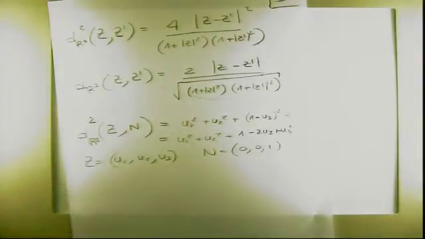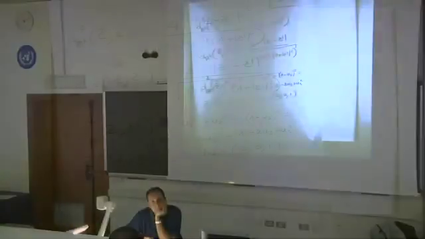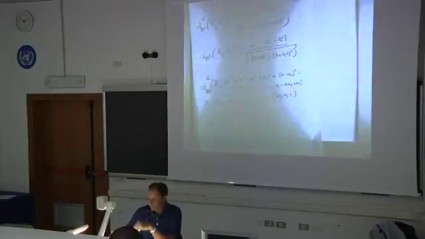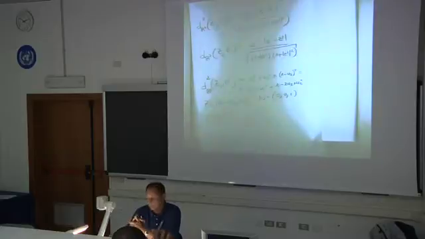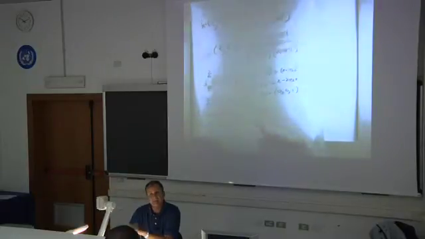Yes, please. Z is in sphere S2. What is the modulus of Z? The modulus of Z is equal to 1. That's what I assumed from the very beginning. The distance is in the sense of Euclidean distance from the origin.